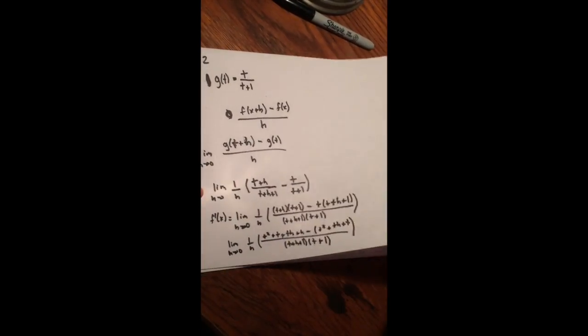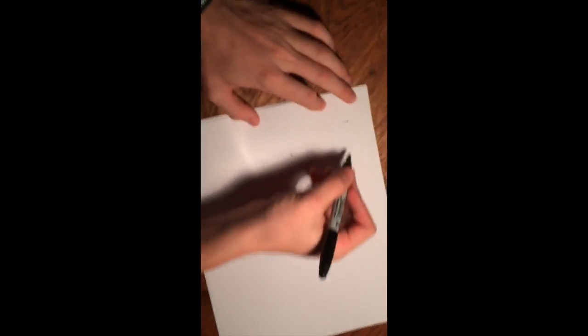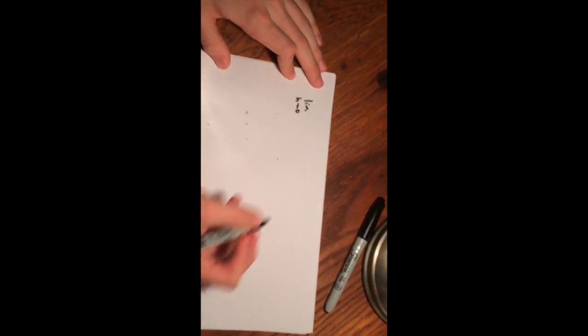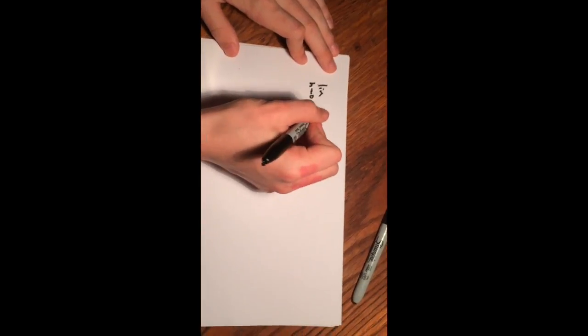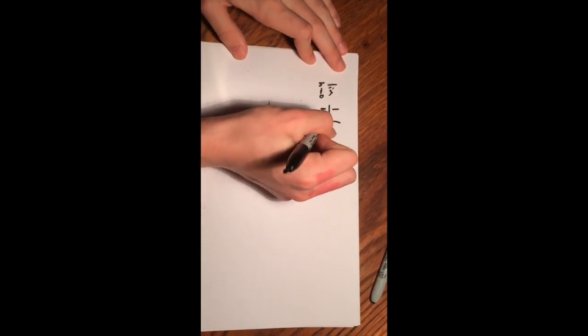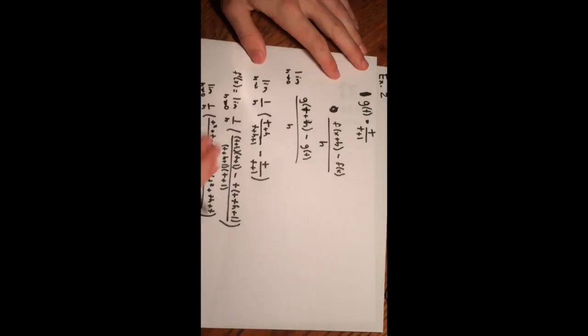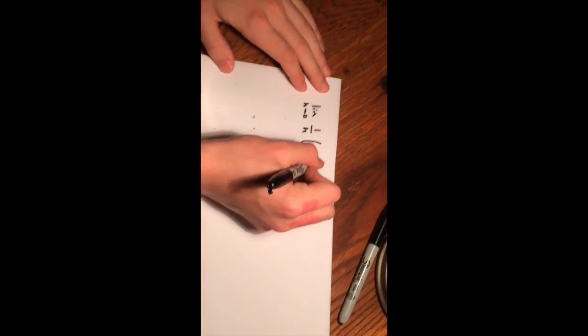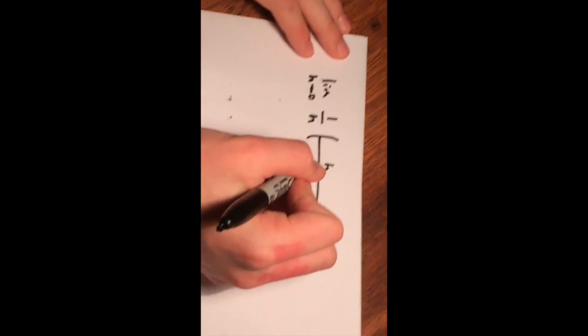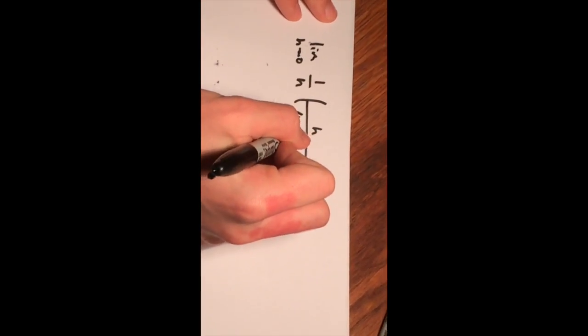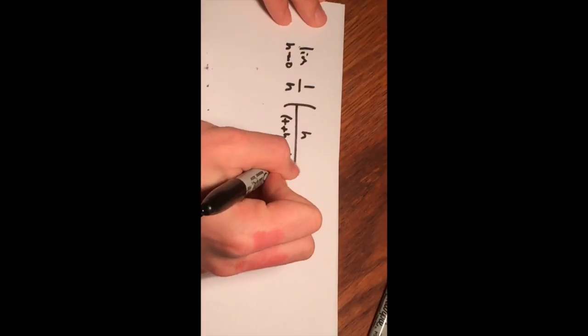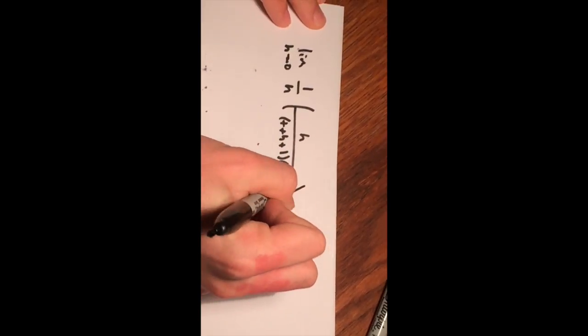So we'll go onto a new sheet of paper, and as we simplify that equation more, we're left with the limit as h approaches 0 of 1 over h times h over t plus h plus 1 times t plus 1.